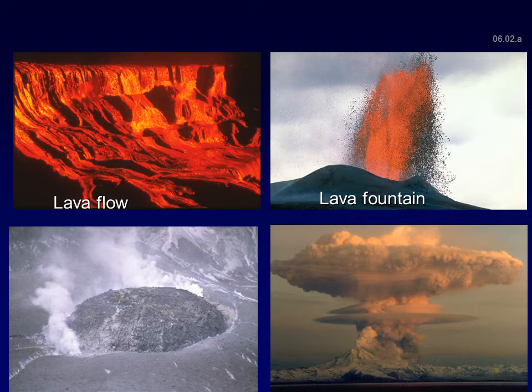The actual feature is called a fountain, but when lava is erupting, it can erupt as a fountain. Higher gas content leads to explosive lava fountains that spray out of the vent.